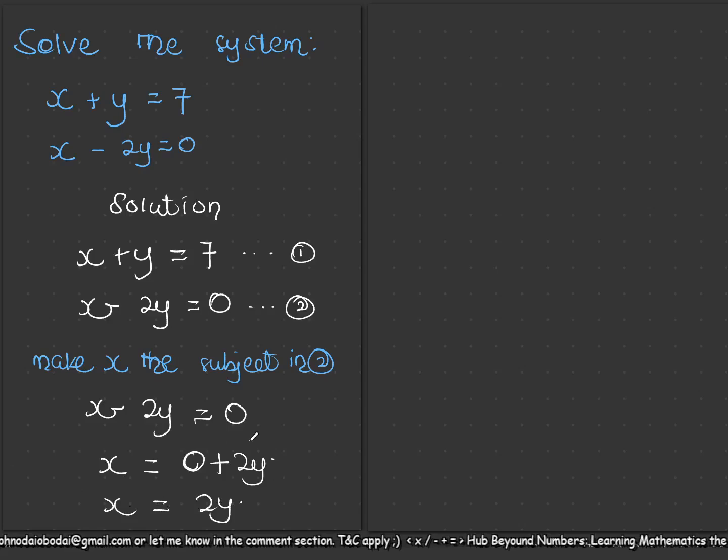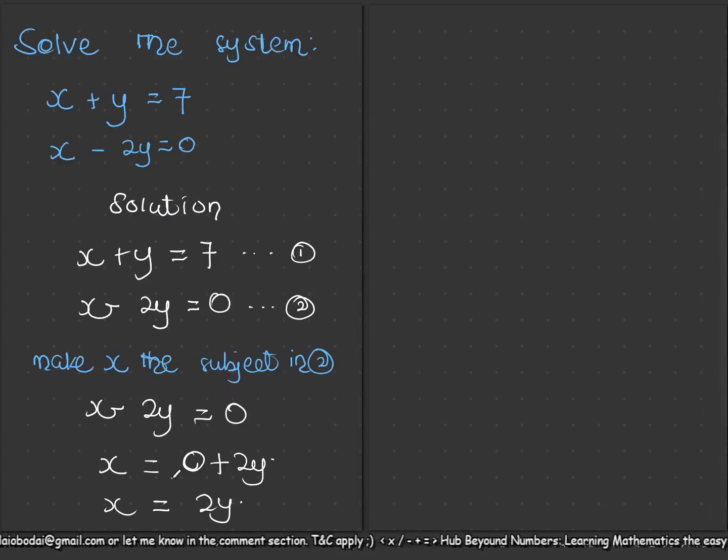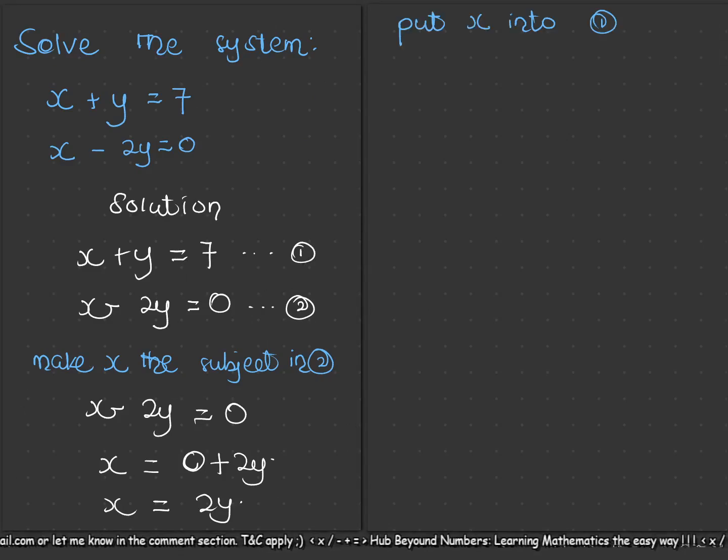So let's look at the instruction here. It says substitute this expression into the other equation, that is step 2. So this expression we have here, let's put it into the other. That is, put x into equation 1.